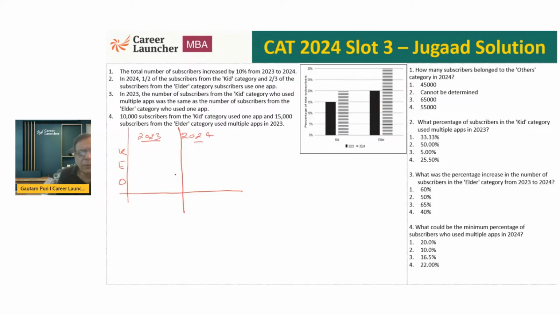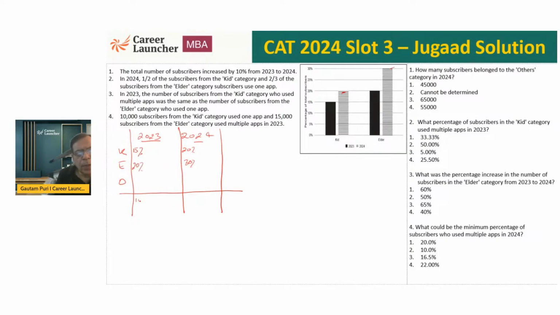What is the percentage of kids in 2023 as subscribers? 15%, and 20% in 24. So this is 15% and this is 20%. Elders is 20% and 30%.